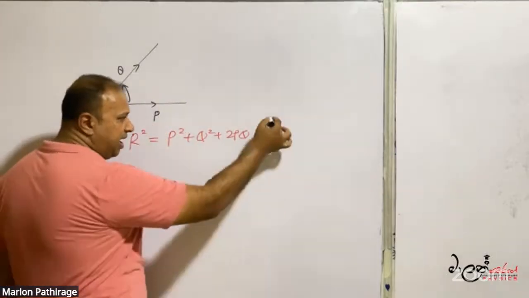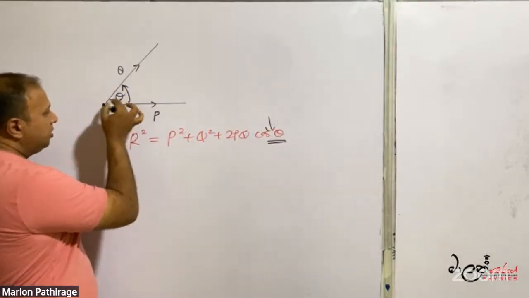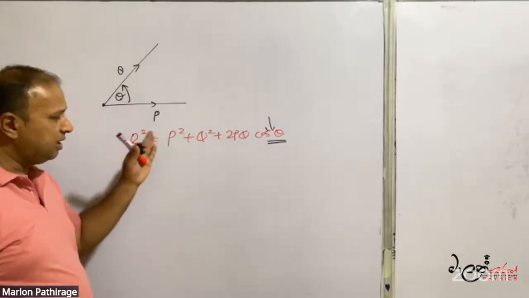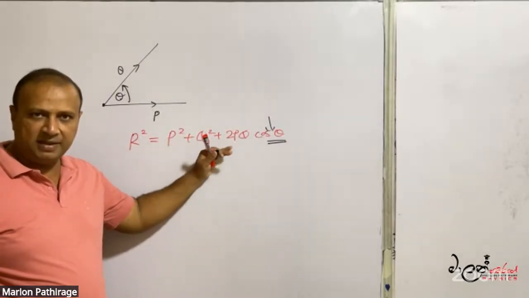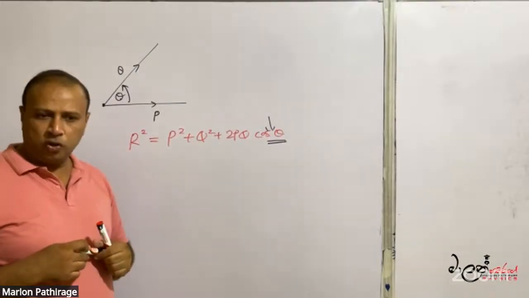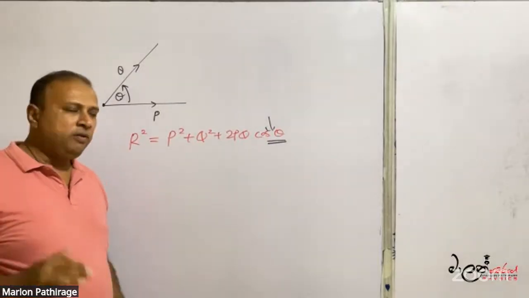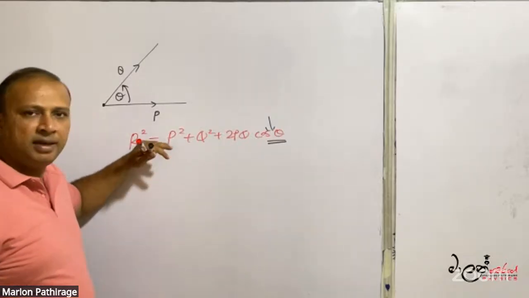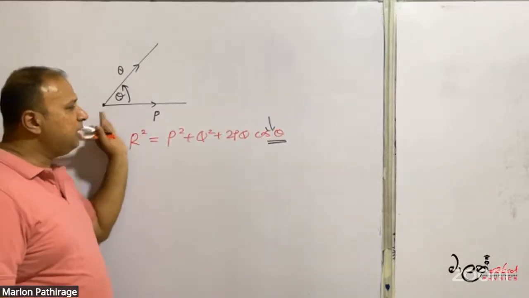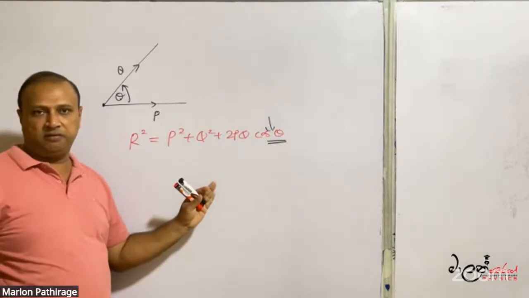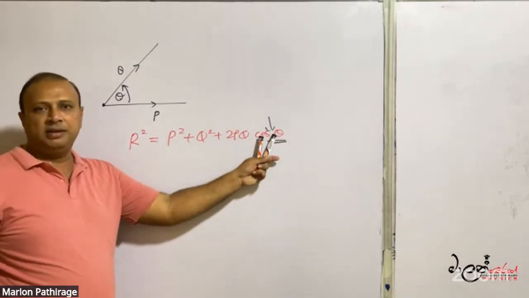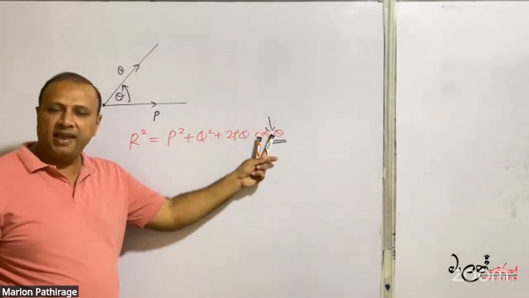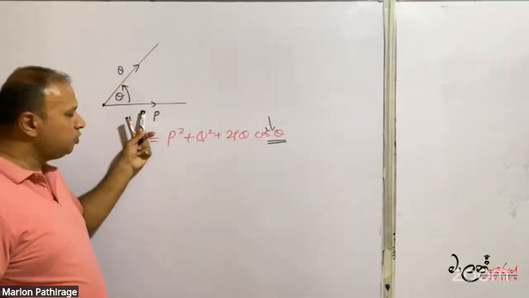So this angle equals this one. So actually this is our theorem. So when you are using this equation, this theta should be the angle between two vectors.